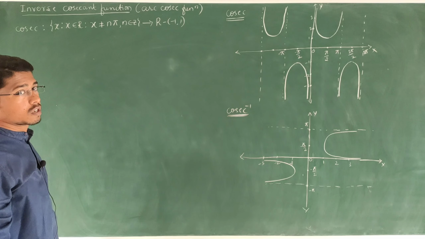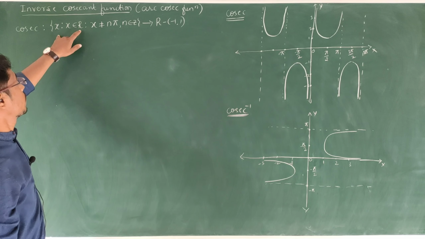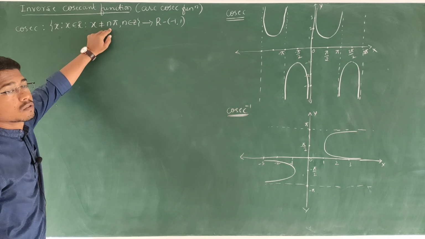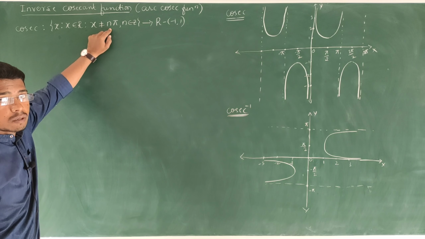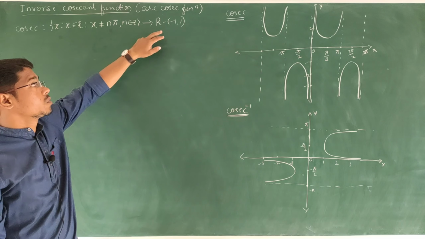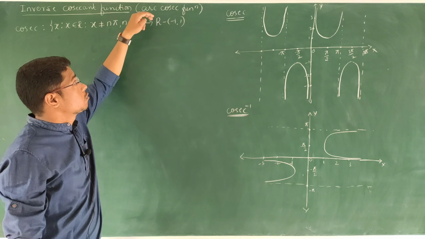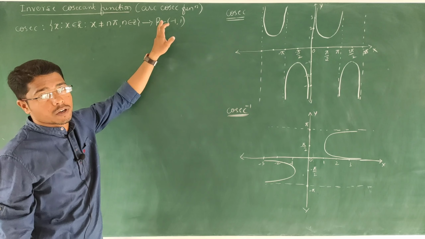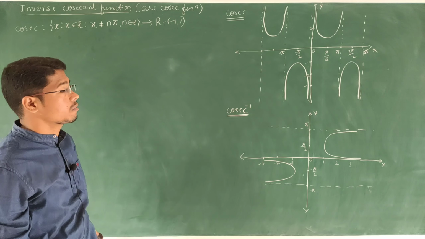So this is the definition of cosec x with the domain x belongs to R, x is not equal to n pi. So it is not defined at multiples of pi, and it assumes the value set of real numbers except minus 1 comma 1.